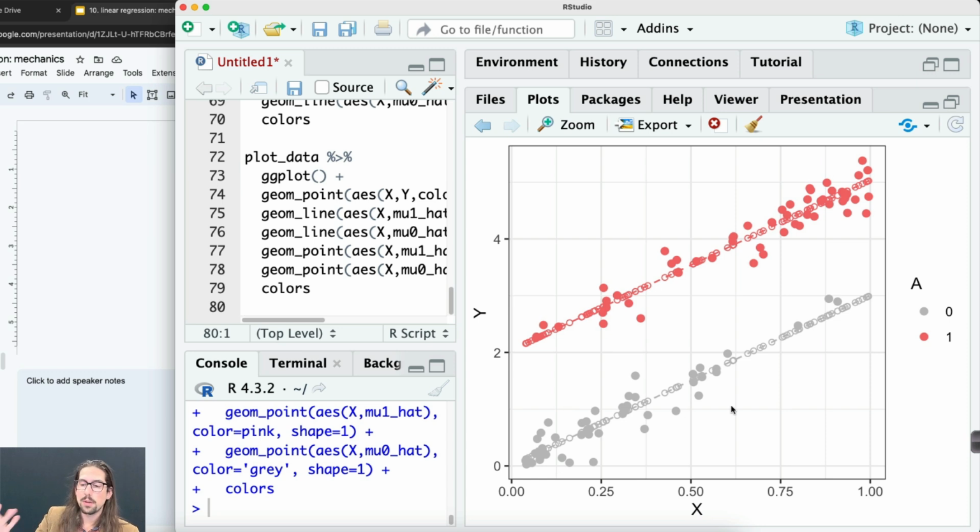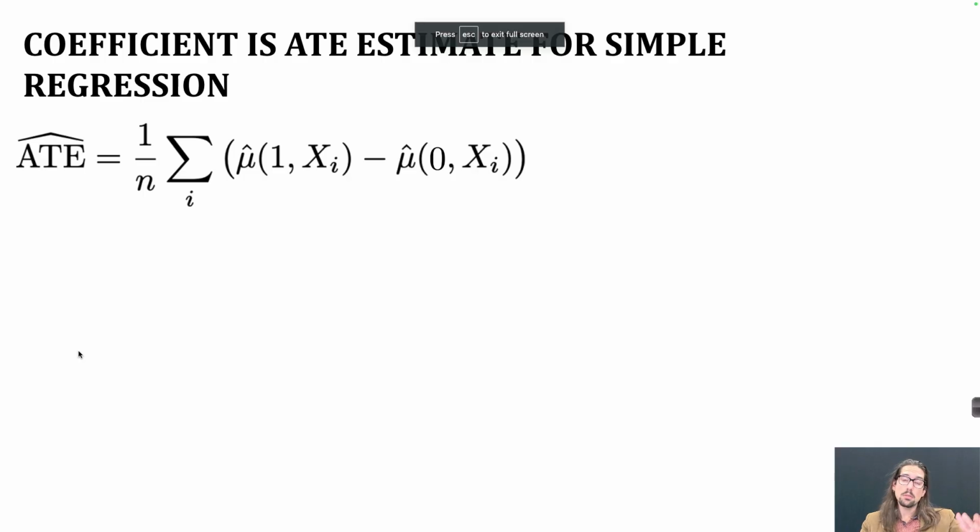But now we've basically filled in all of the missing data with these predictions, and we can average all of these gray dots, the empty ones, and all of these pink dots, the empty ones, and take the difference of those two averages. And that is a pretty good estimate of our causal average treatment effect. All right, so that's great. Linear regression is effective in that sense.